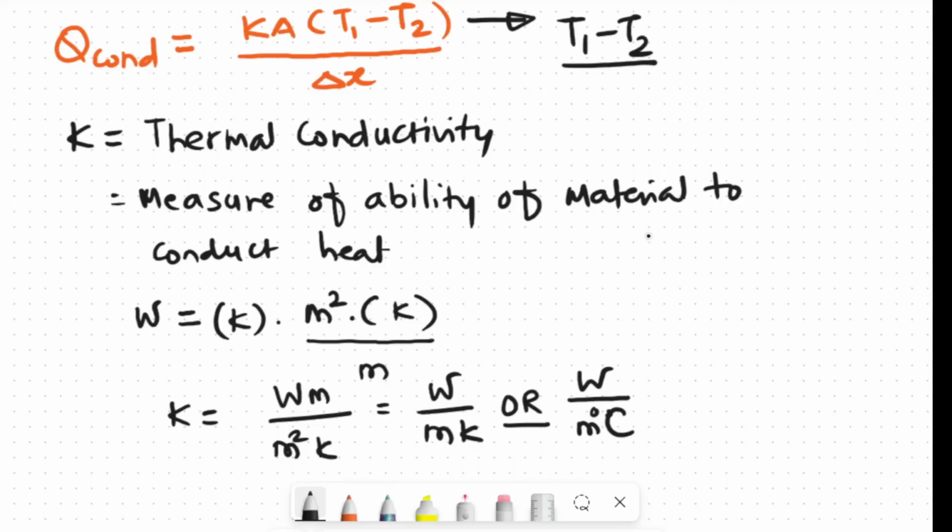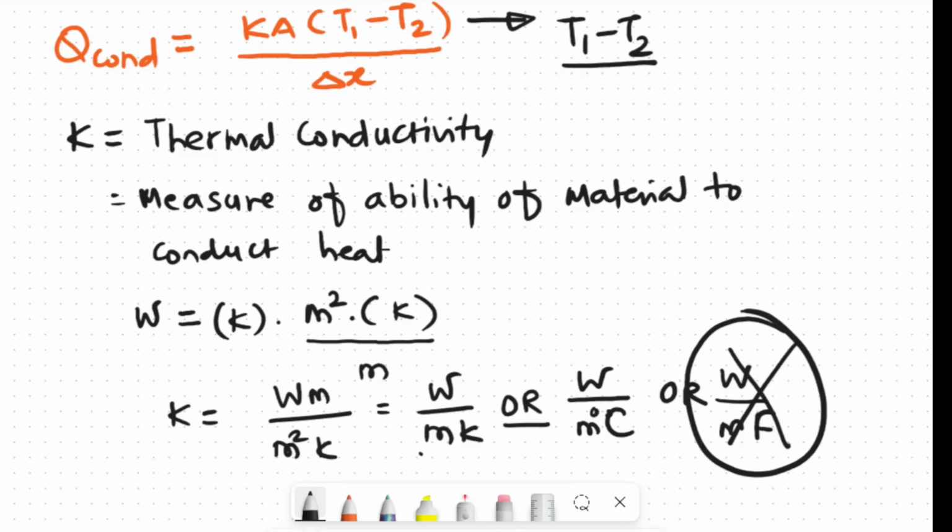Understand, friends? I cannot write it in terms of watt per meter Fahrenheit. So this will be wrong. The difference value will be different in case of Fahrenheit. So this is not possible, it will be a mistake. I can write only in terms of Celsius or Kelvin.